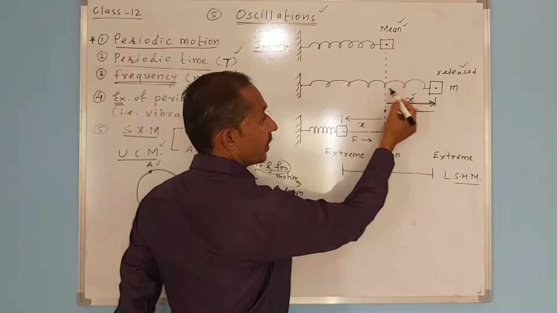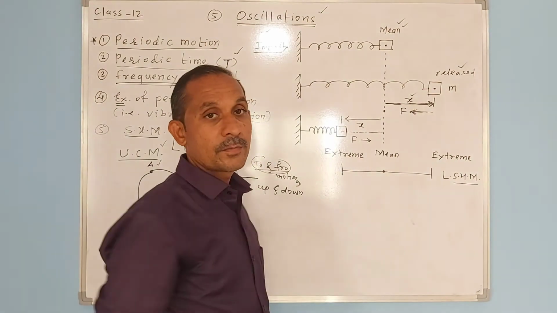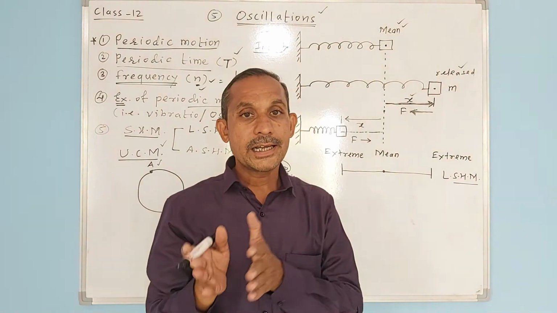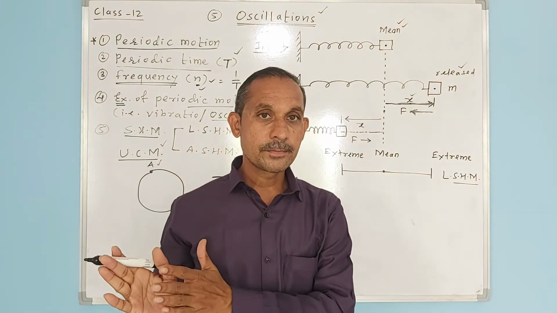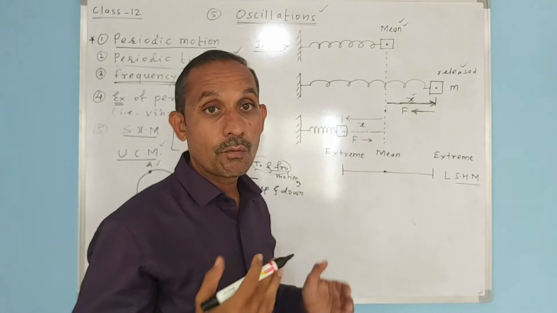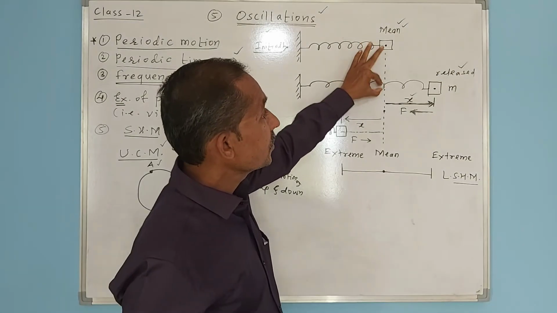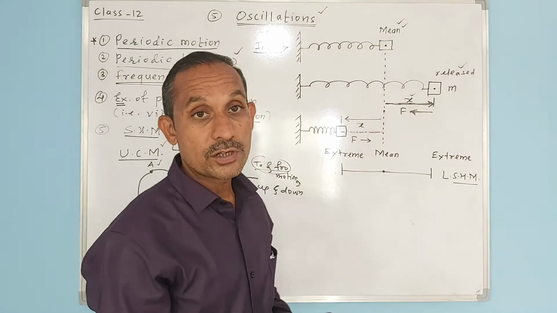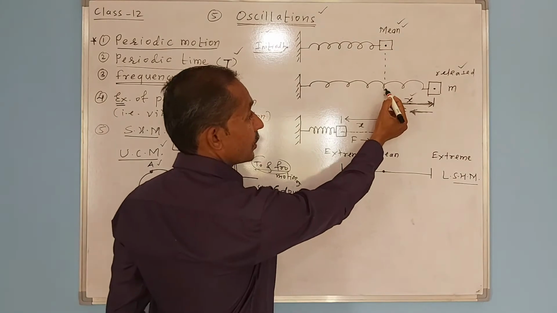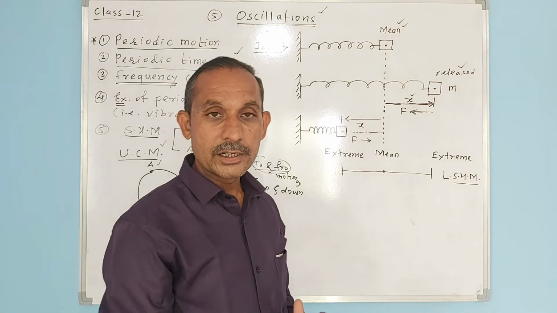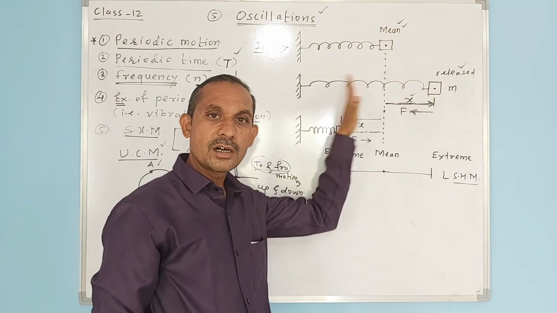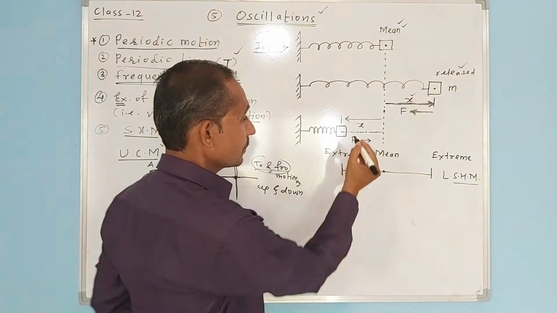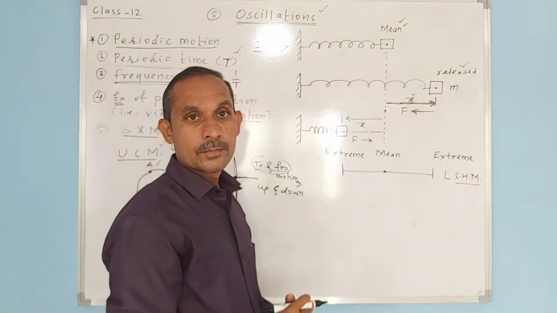When the body reaches the mean position, it attains maximum velocity at the mean position, and continues its motion towards the other side, the left side.